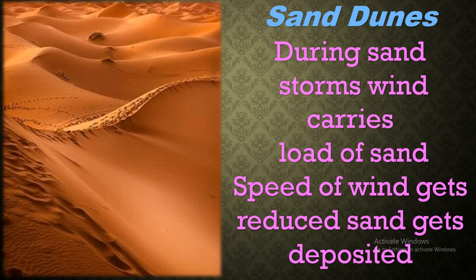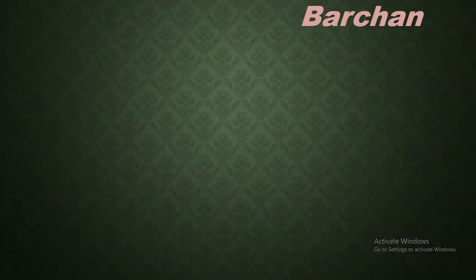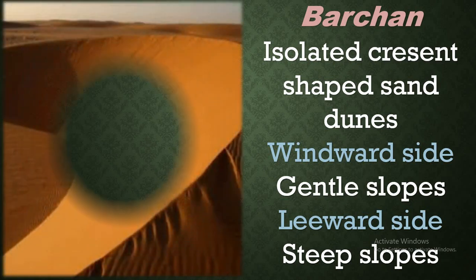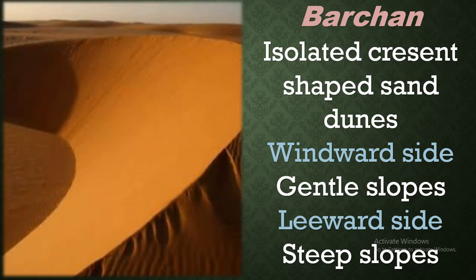Okay, sand dunes. The next is Barchan. It's like an isolated crescent. Crescent you know very well, that is with the quarter moon. It's crescent-shaped sand dunes. The windward side is gently sloped and the leeward side has steep slopes. Have you seen?